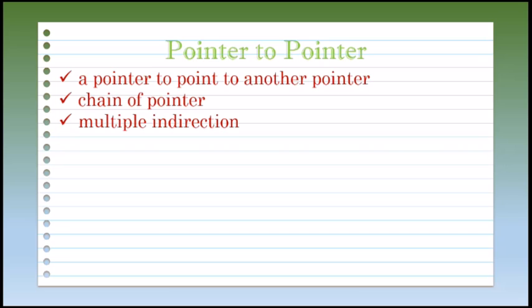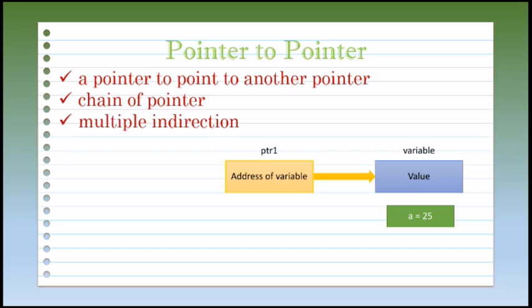So suppose there is one variable and we want to save the address of that variable. Say the variable is a, which holds the value 25. So we can save that variable's address by using one pointer variable. Suppose ptr1 is the pointer variable.